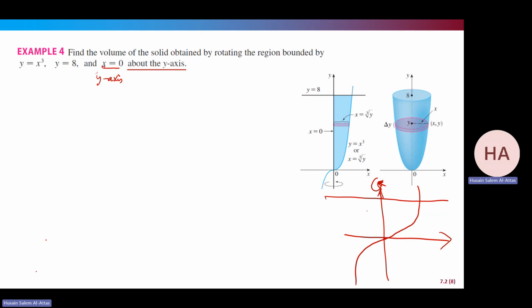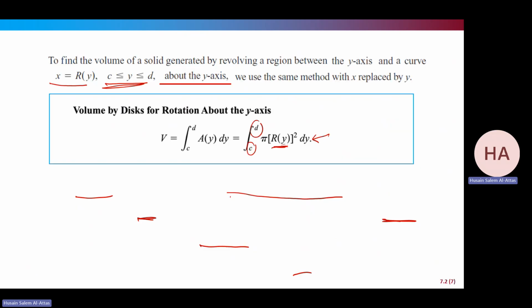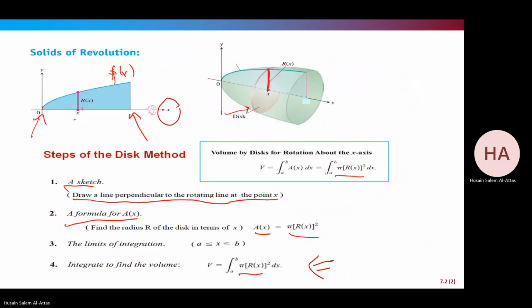Okay. If you notice what we did before, this is what will always happen with the disk method. We are taking the strip perpendicular to the axis of revolution. This is perpendicular to the axis of revolution. Okay.